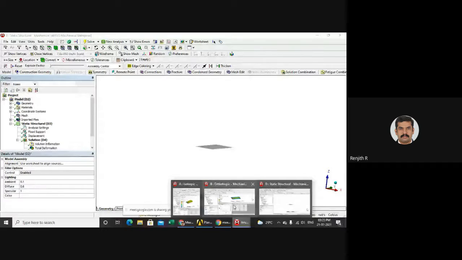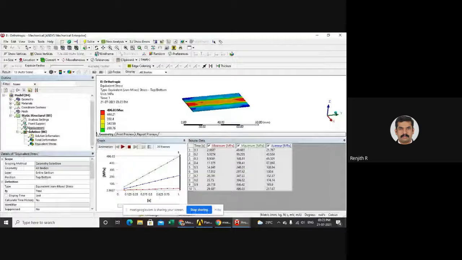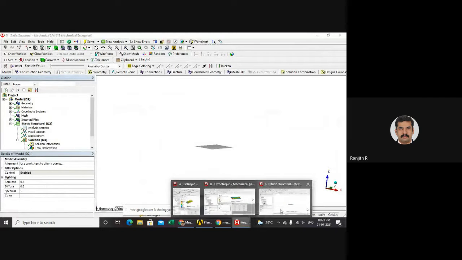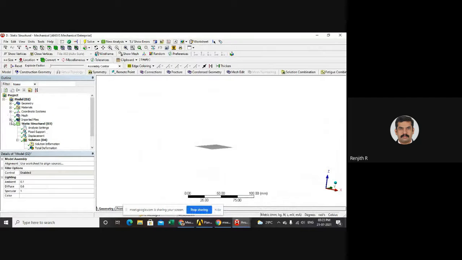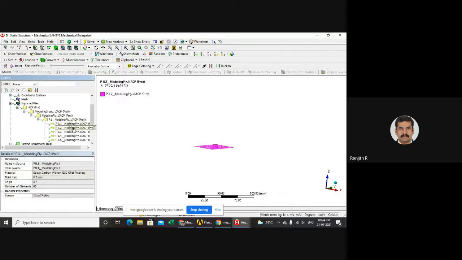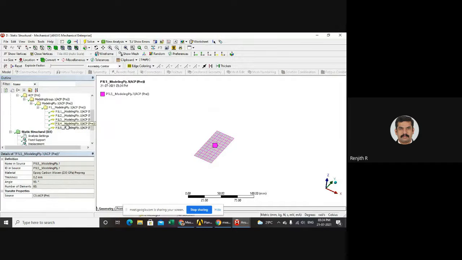This is not available with the previous one. You can see there is no ply section available, but here you can see imported plies, and if you open that, you can see your 5 plies.